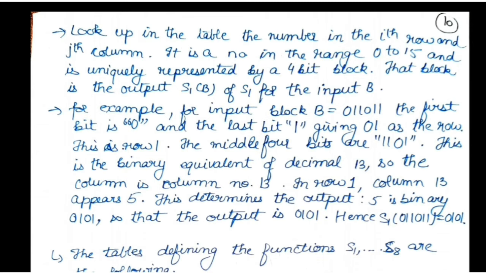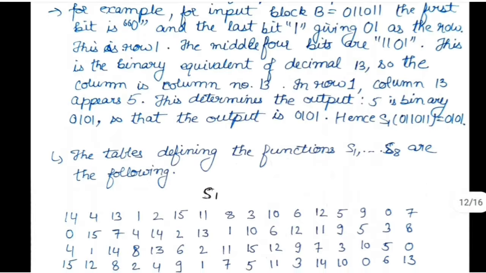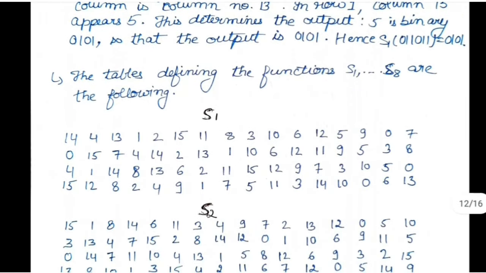So S1 into the B block for value 011011 will be equal to 0101. The table defines the functions S1 to S8 as follows. So you can have a look at all the tables. I have already calculated these tables and written them here.